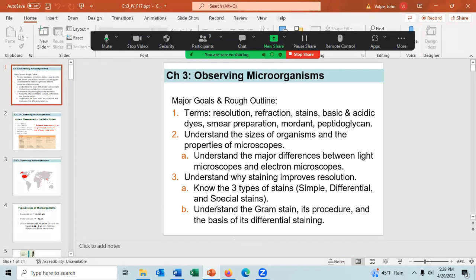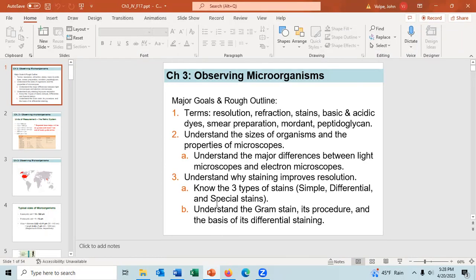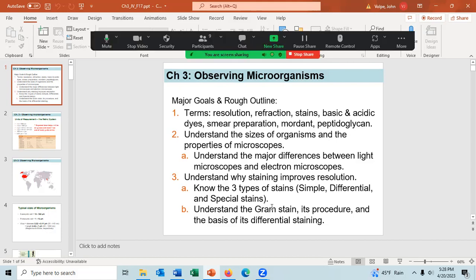Three, understand why staining improves resolution. When we look at cells, they don't easily show up under the light microscope unless we stain them, and know why staining improves the resolution. And then you should know there are 3 types of stains: a simple stain, a differential stain, and special stains. And then lastly, know specifically the gram stain.